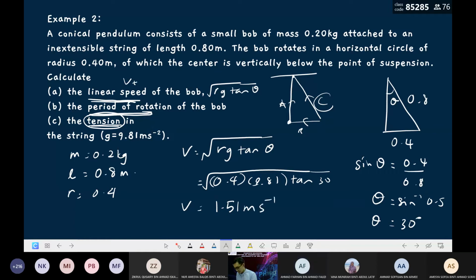Macam mana nak cari, kita dah tahu ni velocity, macam mana nak cari period? Kita boleh guna equation yang ini. Okay, kita ada velocity is equal to 1.51 meter per second. Kita tahu that V is equal to R omega, and radius dah tahu. Jadi kita boleh tahulah omega is equal to V over R, di mana V is equal to 1.51.